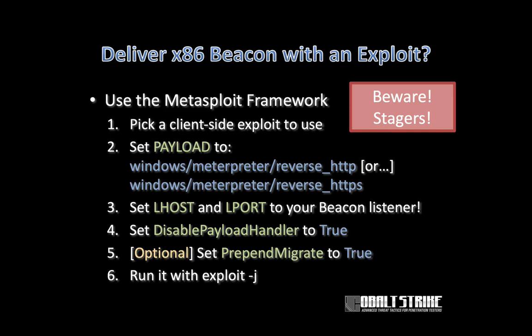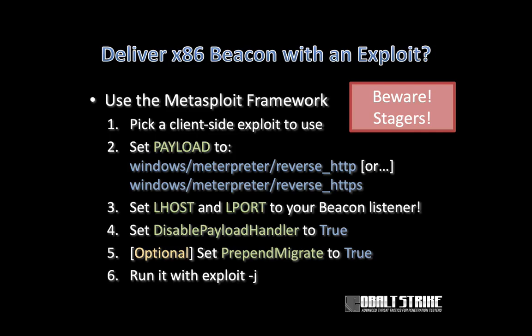First, pick an exploit that you would like to use. Second, set payload to Windows Meterpreter reverse HTTP for an HTTP beacon, or Windows Meterpreter reverse HTTPS for an HTTPS beacon. Set lhost and lport to point to your beacon listener, and set disable payload handler to true.